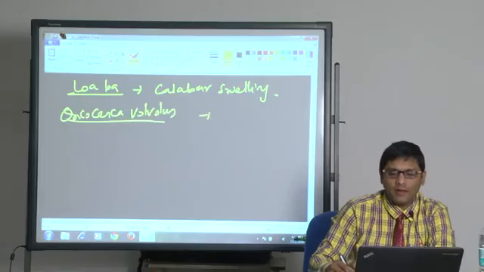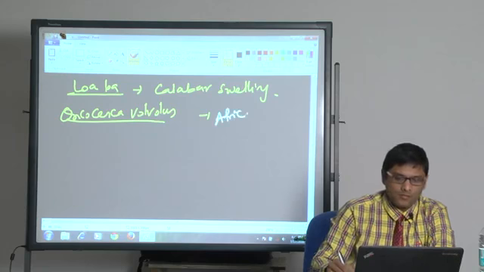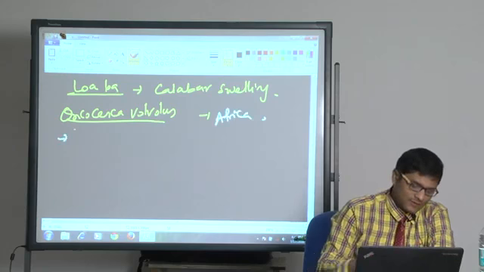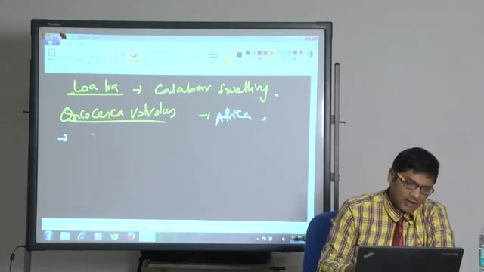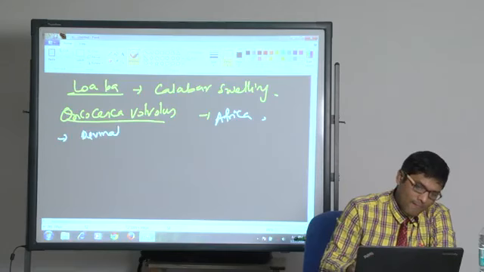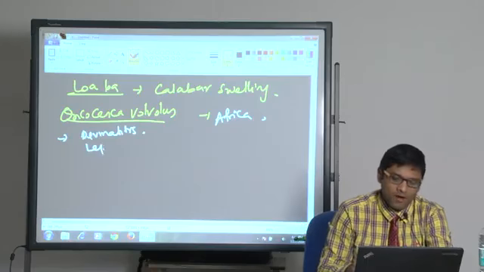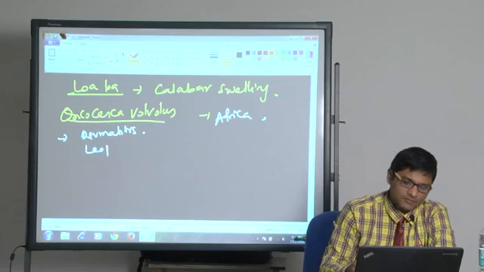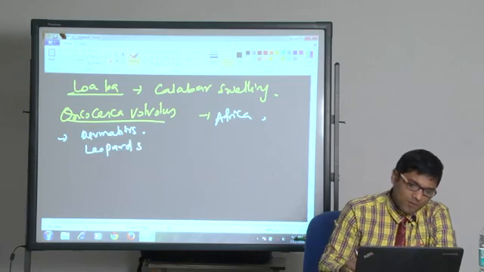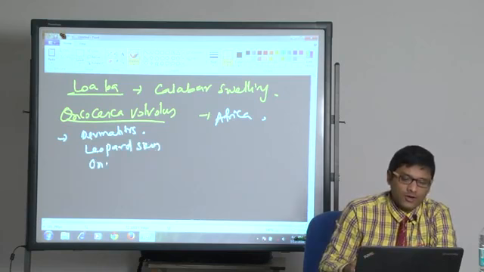Whereas Onchocerca volvulus is endemic in Africa, and it causes various manifestations like dermatitis, leopard skin. All these are cutaneous manifestations. Nodule called onchocercoma.